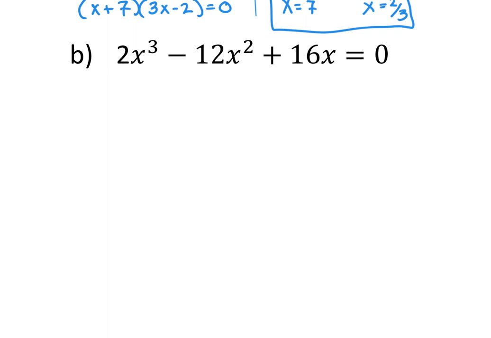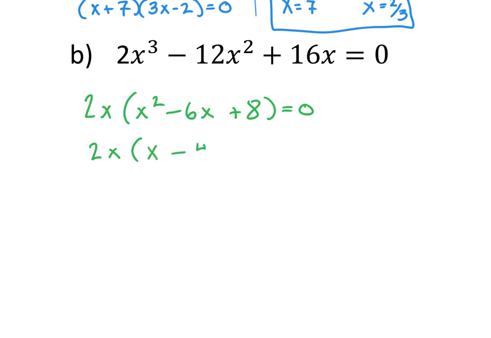So we're going to look for the greatest common factor first. It looks like it will be 2x. So that's x squared minus 6x plus 8 equals 0. And we continue our factoring. Minus 4, x minus 2.